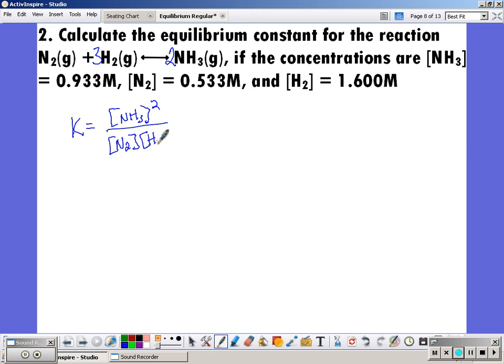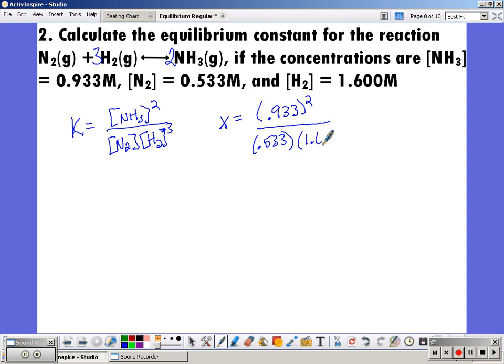So when I plug in my values, I'm going to want to make sure that my calculator squares the NH3 value, multiplies N2's value by H2 values cubed.